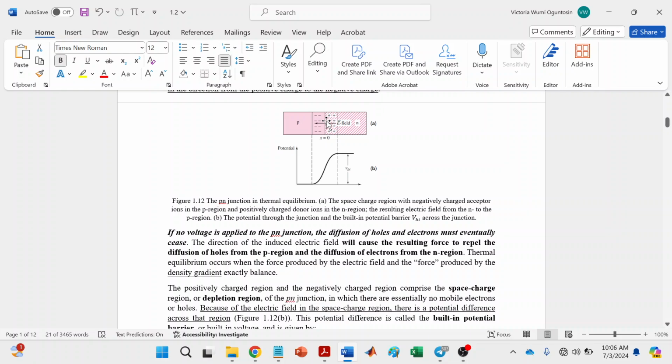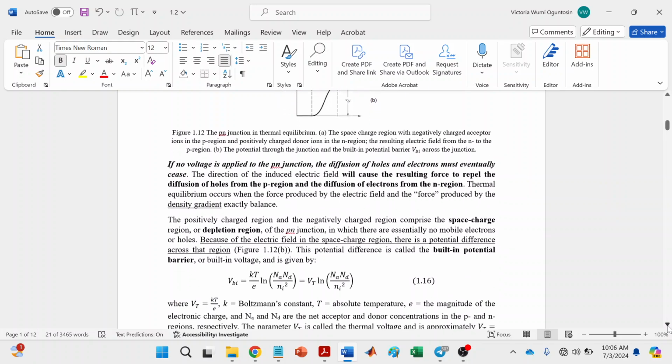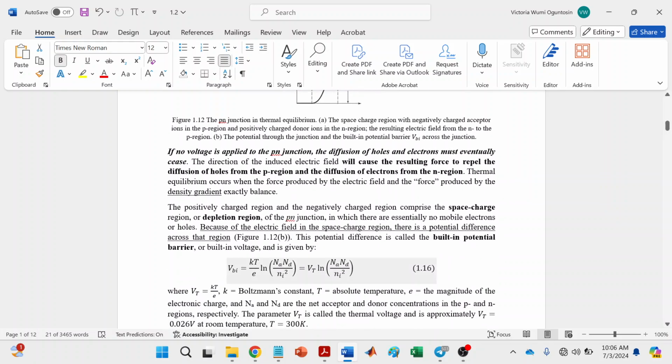There is a potential difference across the region, and this potential difference is called the built-in potential barrier or the built-in voltage, and this voltage is given by this equation where kT divided by e is the thermal voltage, k is the Boltzmann constant, T is the temperature, then e is the magnitude of the electronic charge.